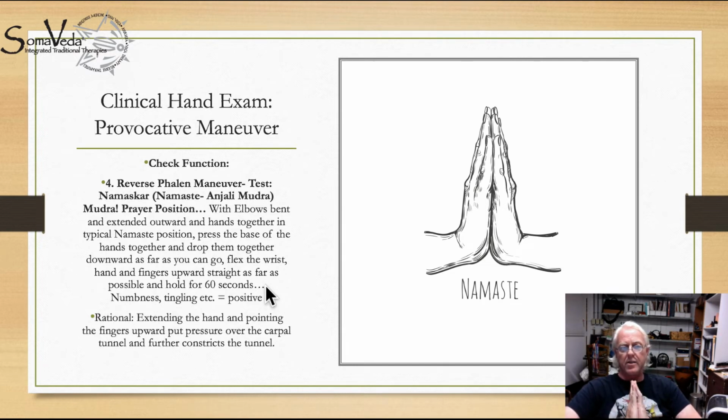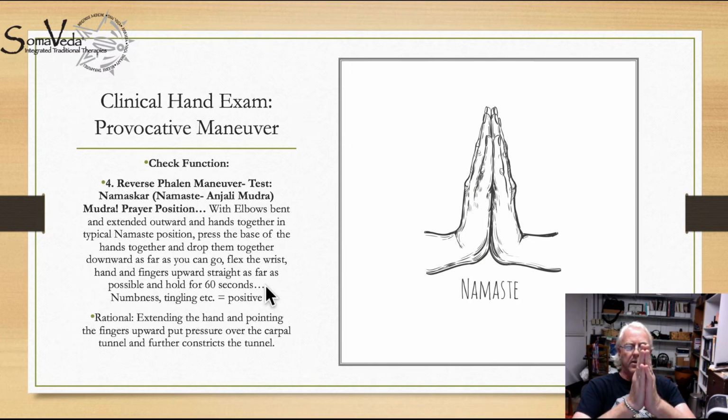And same for here. This position, this provocative hand maneuver, which we call the reverse Phelan maneuver, or doing Namaskar mudra, which is also called Anjali mudra. It's the prayer position, and when the elbows are down, it's ineffective.